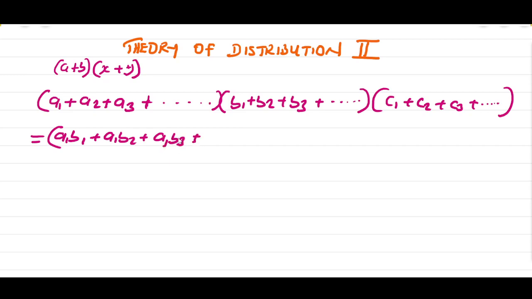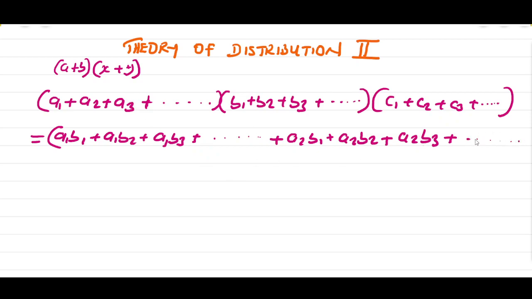After we use a1 to form the product here, then we now use a2 to go with them. So a2 can go with b sub 1, plus a2 can go with b sub 2, plus a2 can go with b sub 3. After we form with a2, then we can now pick a3 and continue that way.